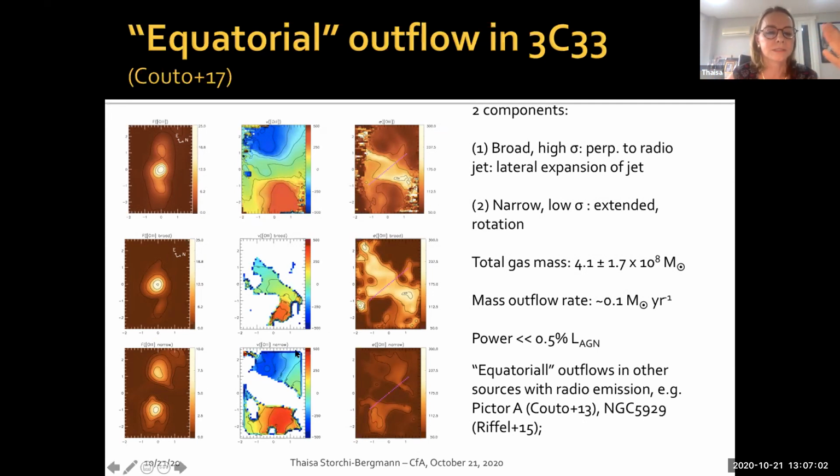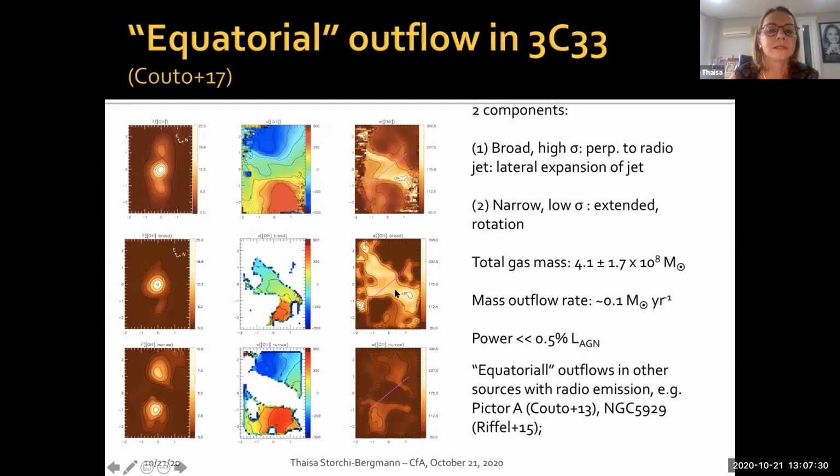The narrow component seemed to show mostly rotation in the vertical direction, while the broad component seemed to be mapping gas perpendicular to the radio jets. So we identified that a possible outflow, possible impact, would be related to this broader component.